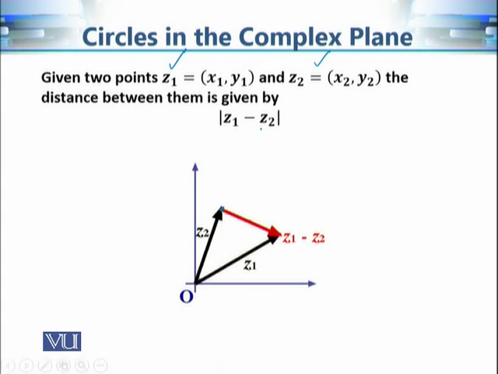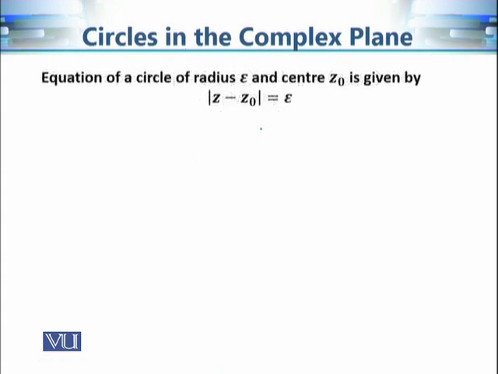Now, let's use this distance to describe a circle in the complex plane. Of course, we know that a circle is a set of all points whose distance from a fixed point z0 is constant. In this case, the constant is epsilon. Mathematically, it becomes the following expression.